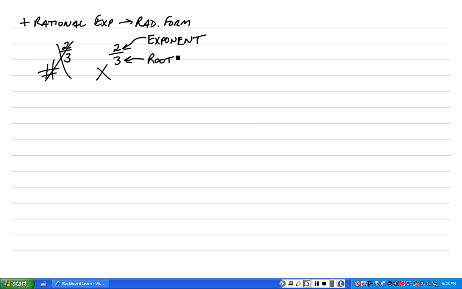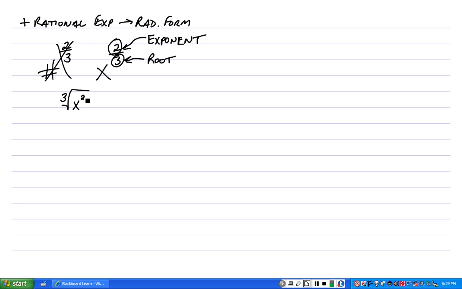So if I was turning this particular example into radical form, the top number, the numerator, is the exponent, so that would be like saying x squared, and the bottom number is the radical. The denominator is the radical, so that would be like saying the cube root. So my radical and my exponent.